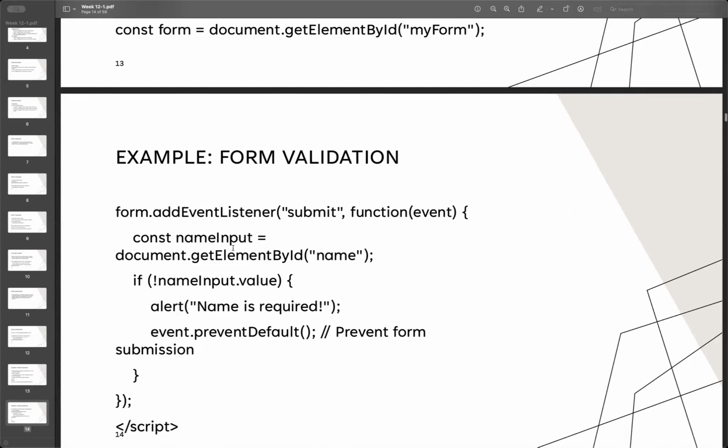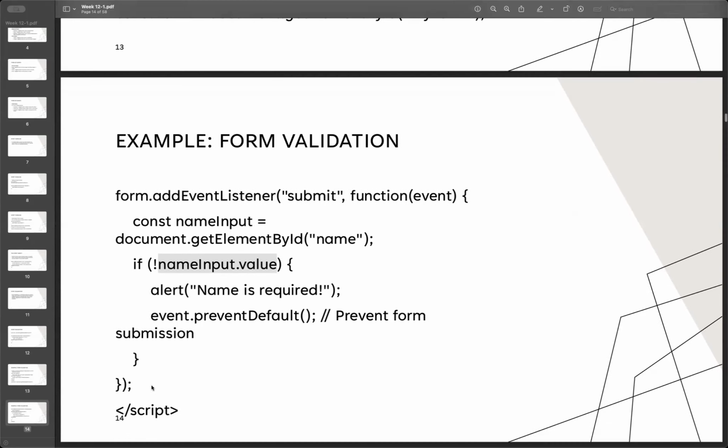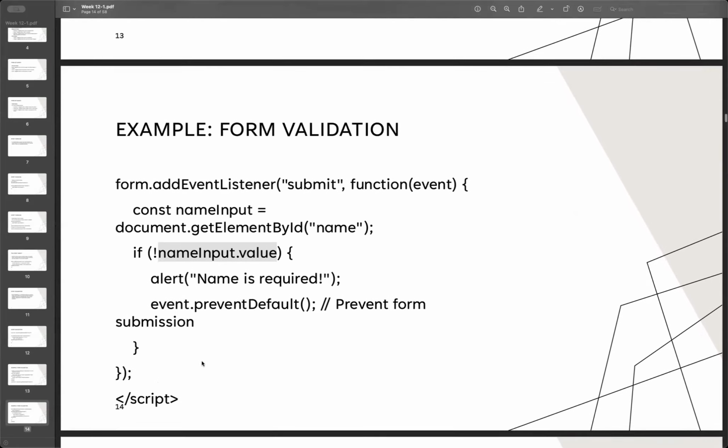So we can get the element by the name and check if the user didn't input the name, if the value is empty. If it does have a value, it is true, and then we give it a not, so it goes to false, then it will go to submit, so it will be fine.